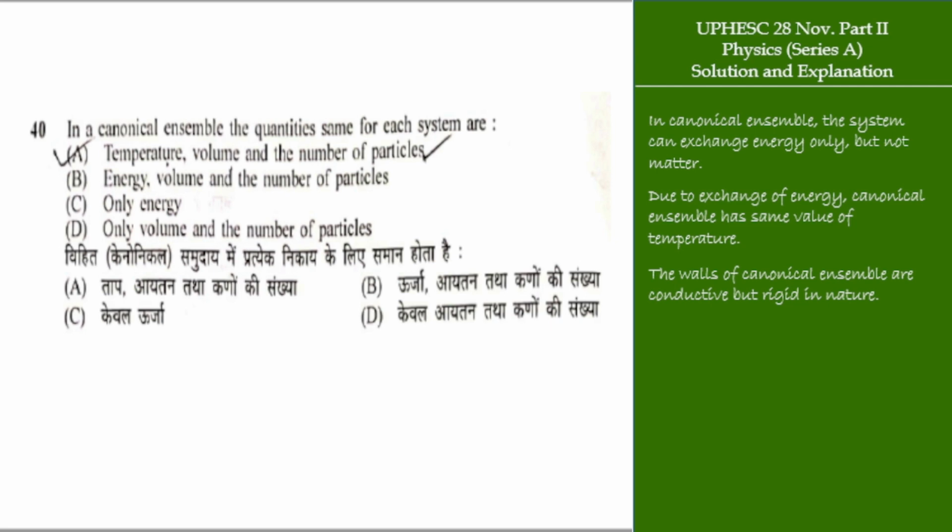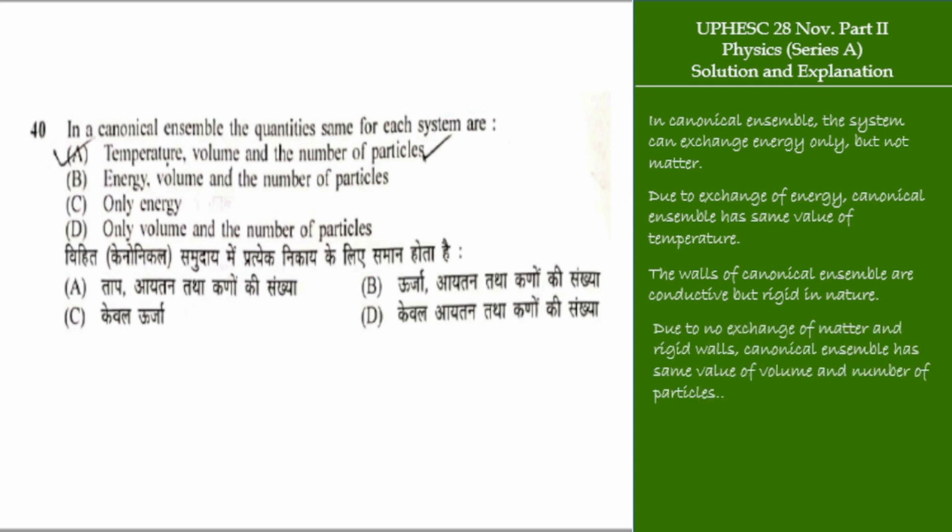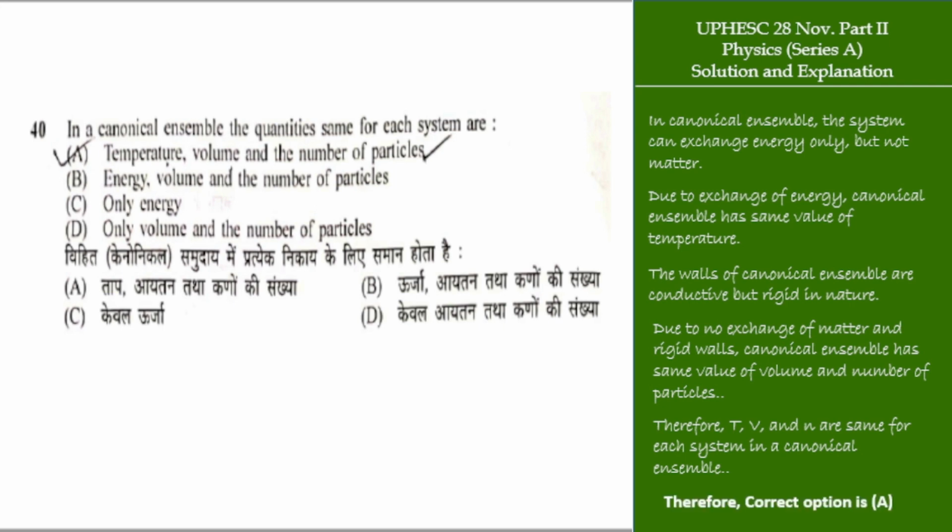Now if the walls are rigid and matter is not exchanging, the number of particles and the volume will have the same value. So option A is the correct answer in this question, because temperature, volume and number of particles will be the same for each system in a canonical ensemble.